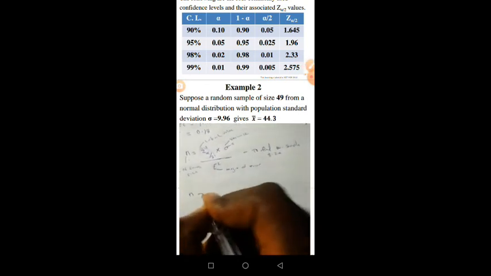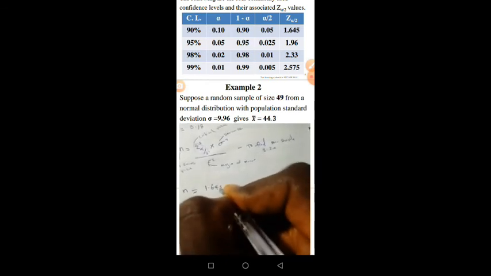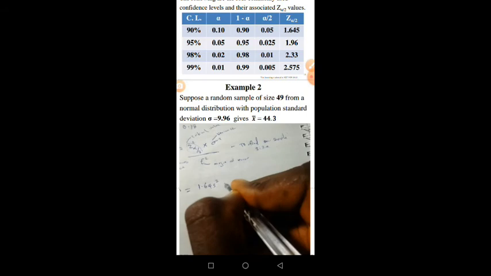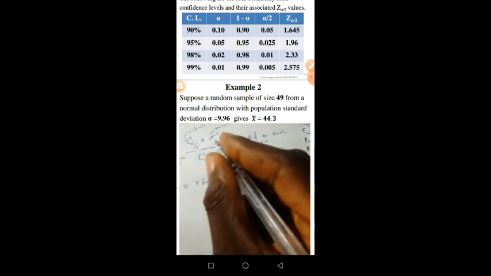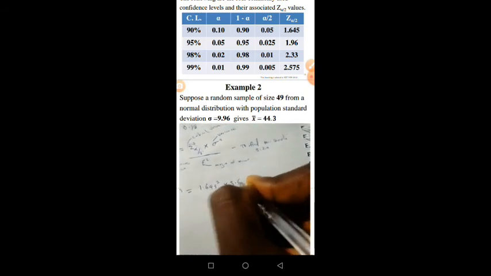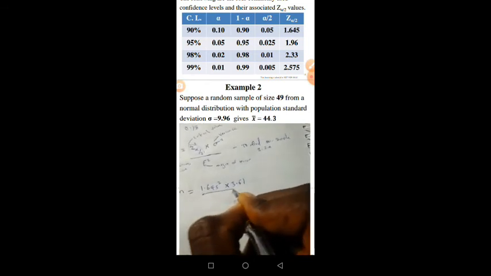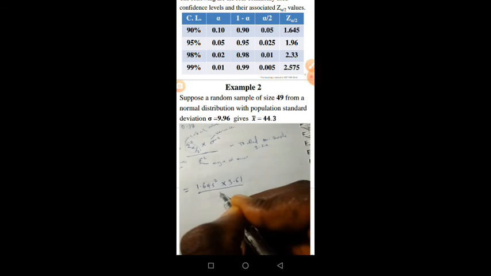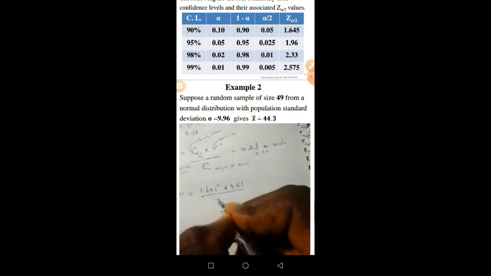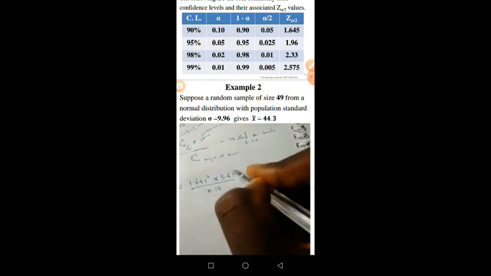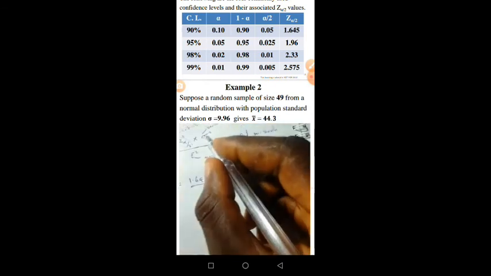Now our n is what? We search for n equal to what? Our critical value is 1.645 square, times what's our variance? 3.61. Then over e square, which is 0.18. Now you can see that I didn't put a square on top of this sigma. This is our formula.